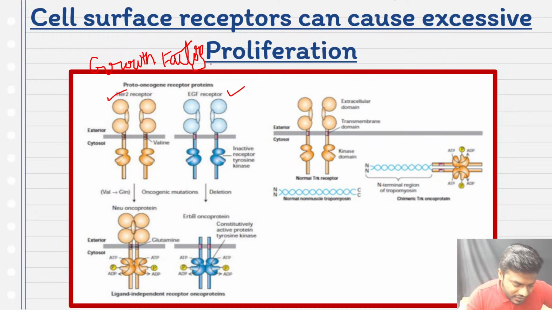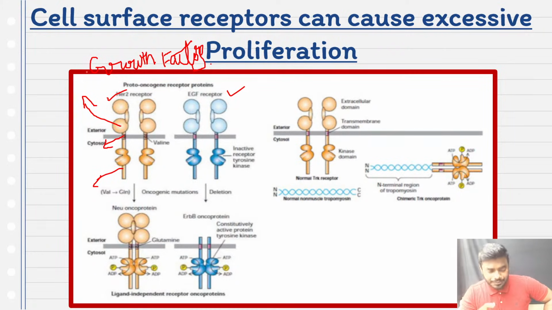But every student, listen to me very carefully. We know they will be having different kinds of domains. Quickly understand, it is having extracellular domain, transmembrane domain and cytosolic domain. We all know that the three domains have three different functions. Extracellular ligand binding domain.